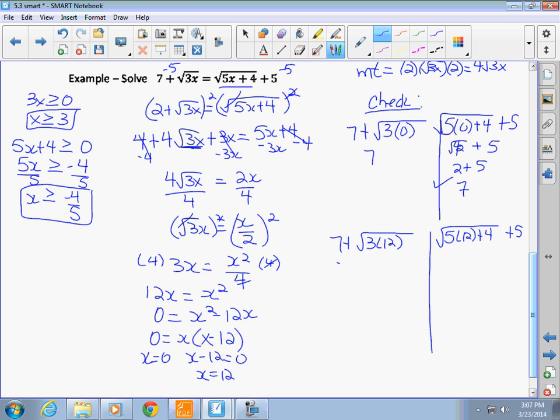On this side I have 7 plus square root of 36. So that's 6. 7 plus 6 is 13. On the other side, I have 5 times 12 is 60 plus 4 is 64, square root is 8, plus 5 is 13. Left side equals right side. So my solution is 0 and 12.